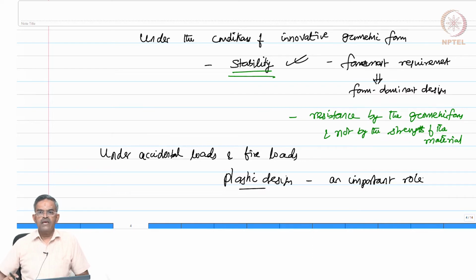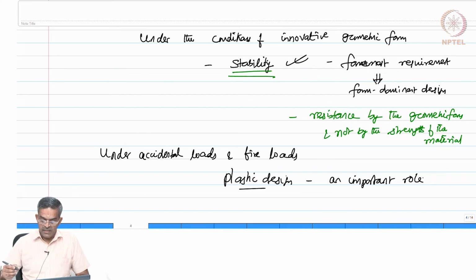Whereas, steel as a structural material can be comfortably handled in plastic design, which was done for the past 20-30 years. So, when steel structures are subjected to accidental loads and fire loads, plastic design plays a very important role in the design of these kinds of structures.